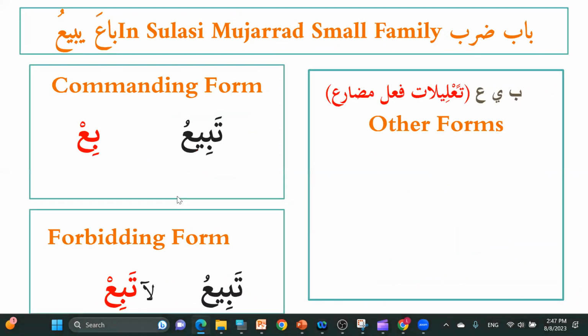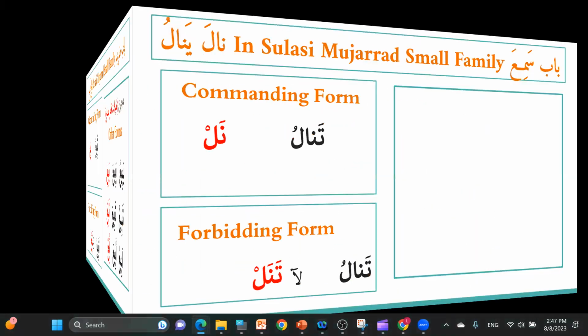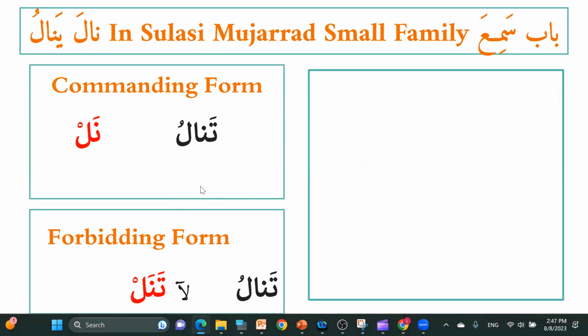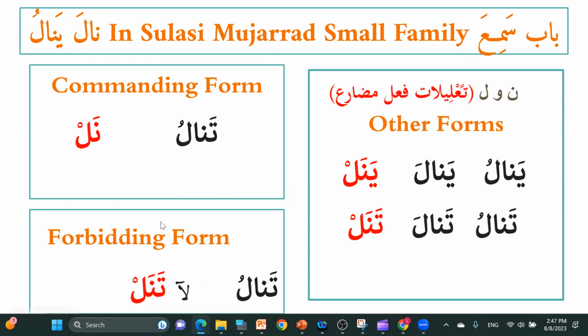And these are slides from the last lesson: commanding and forbidding for bab samia and other forms like fail mudari marfu, mansub, and this is majzoom, the lightest form.